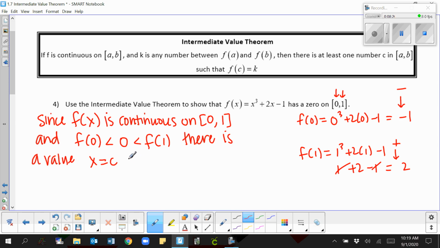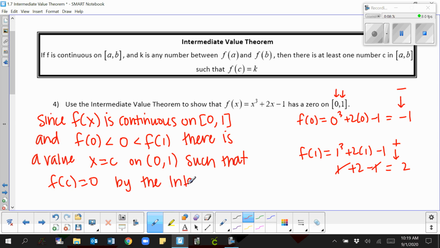So a value x equals c on our interval 0 to 1, such that f of c equals 0 by the intermediate value theorem. Or sometimes it's just called IVT, the intermediate value theorem.